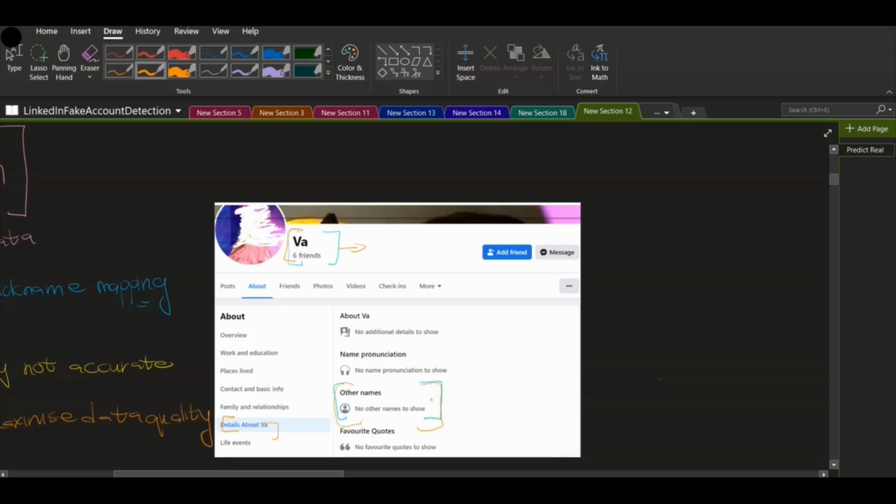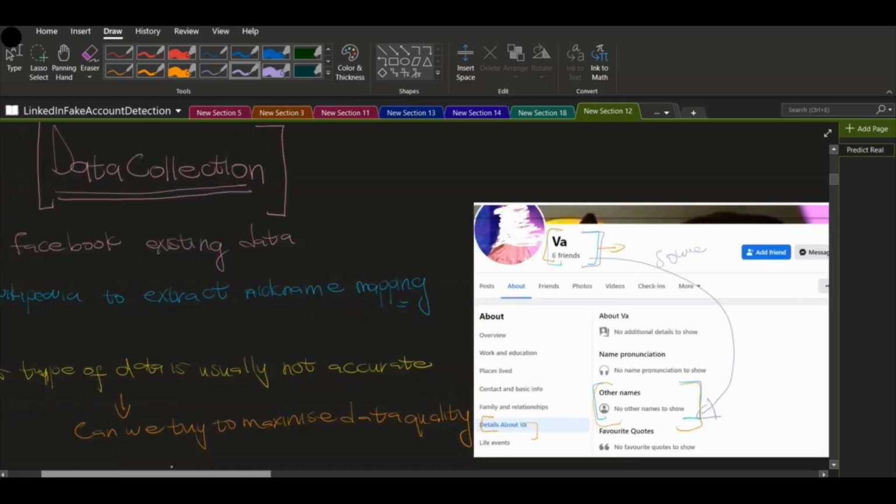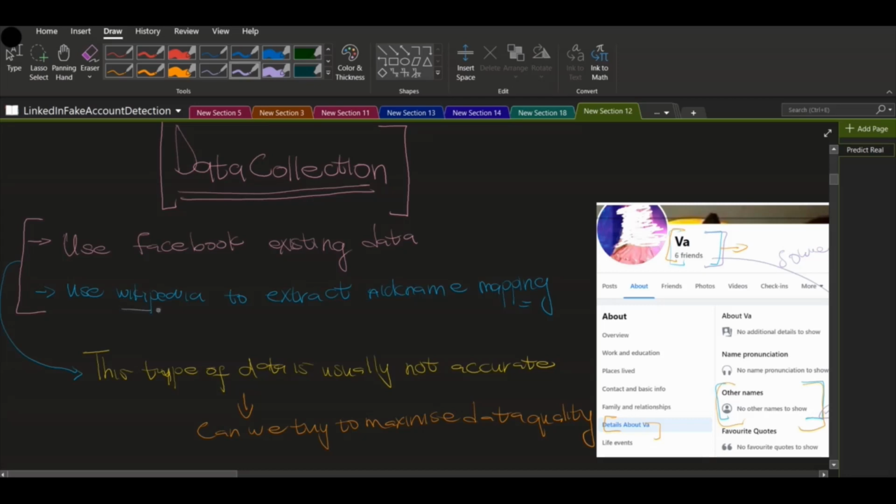So I am thinking that this could be our first data collection source, whereby we go to each account, go to their other names, and try to see if we can find nicknames. But also, Wikipedia is a very, very powerful source, so we can leverage Wikipedia to extract nicknames that have been mapped to real names.